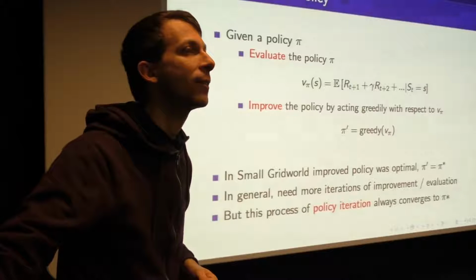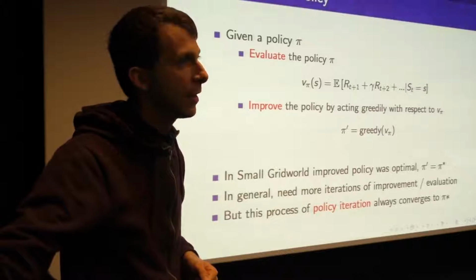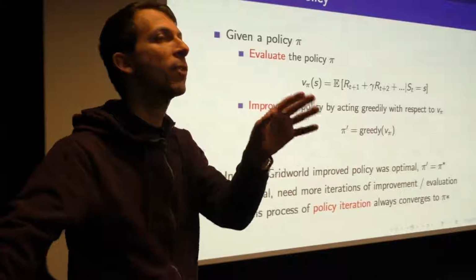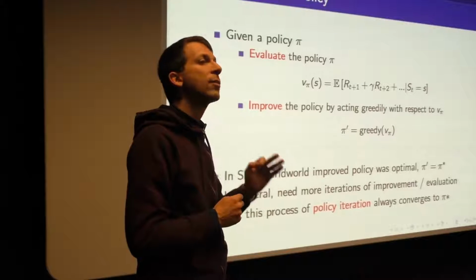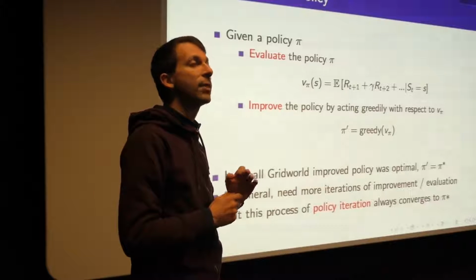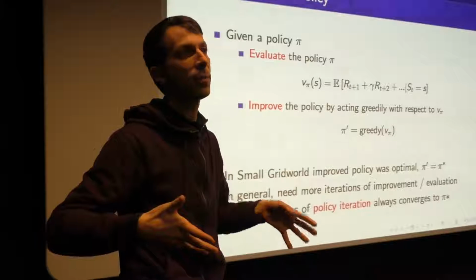Questions? When you improve the policy, isn't it a deterministic thing? Yes. So recall from the last lecture that there is always at least one deterministic optimal policy for any MDP. So it's sufficient to search over deterministic policies only when you're looking for the optimal policy.